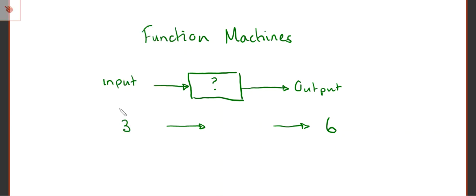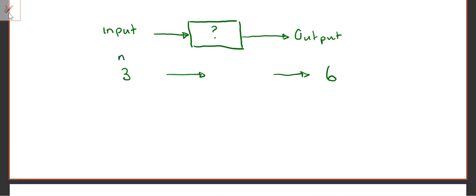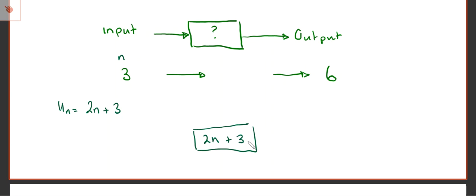So this could be considered the n, and this could be considered the number in sequence, but what I'm now looking for is, could anyone think of, maybe if I explain it a little bit better. So, for instance, if we have un equals 2n plus 3, okay, that could be my function, 2n plus 3.